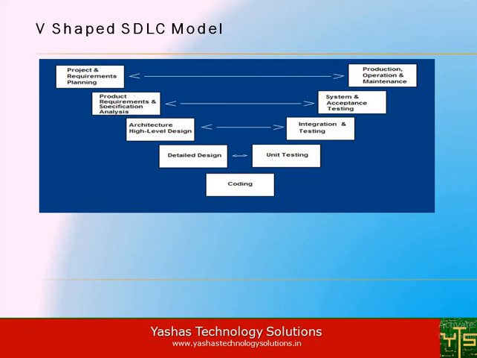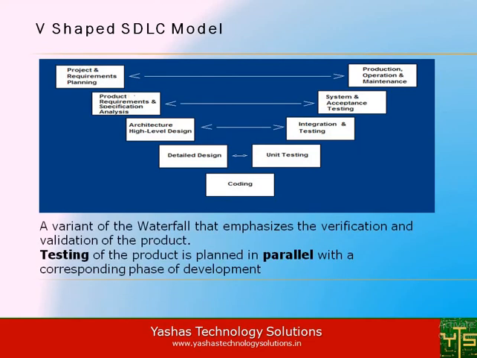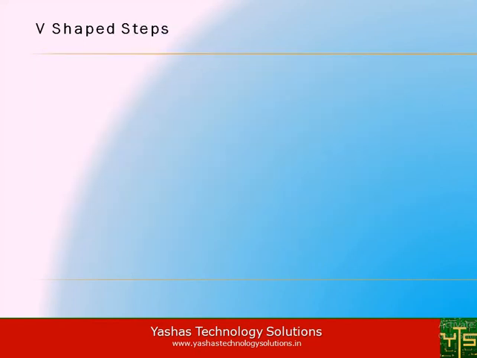This means that for every single phase in the development cycle, there is a directly associated testing phase. This is a highly disciplined model, and the next phase starts only after completion of the previous phase. Here, testing of the product is planned in parallel with the corresponding phase of development.